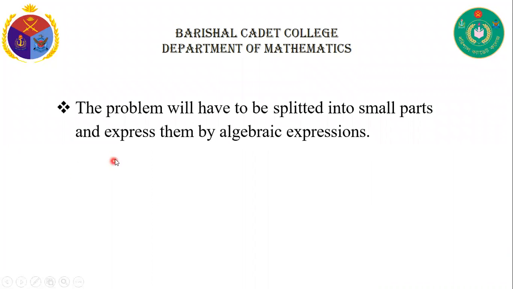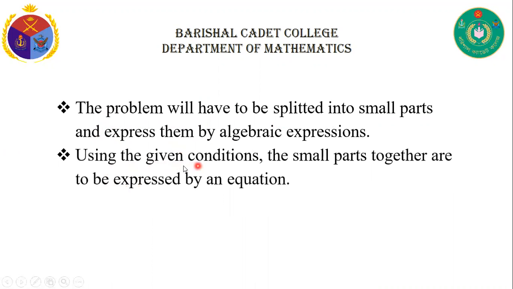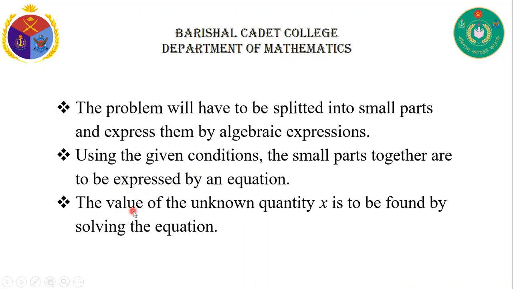The problem has to be split into small parts and expressed by algebraic expressions. Using the given condition, the small parts together are expressed by an equation. The value of the unknown quantity x is found by solving the equation.